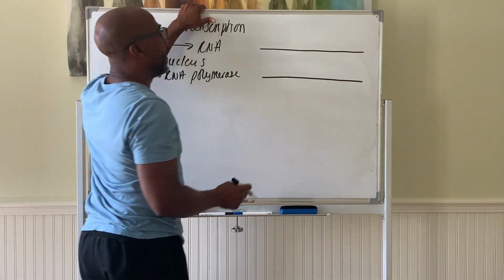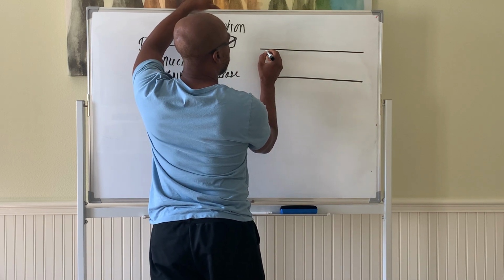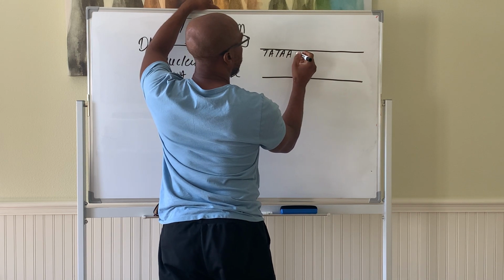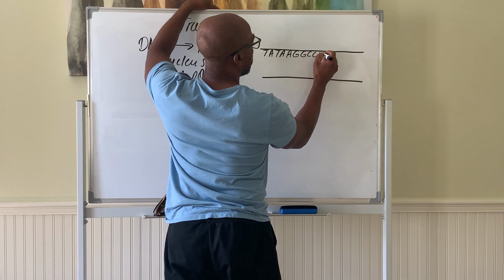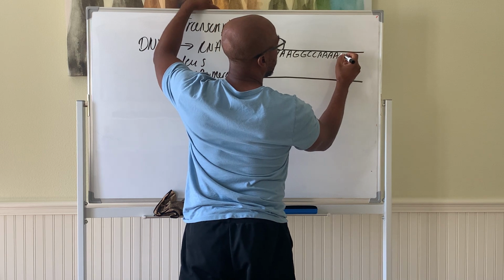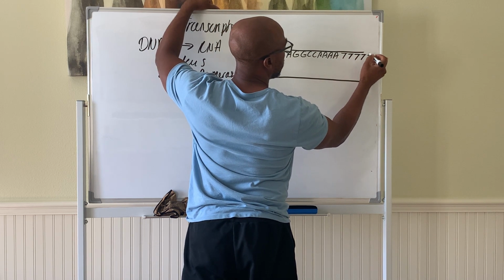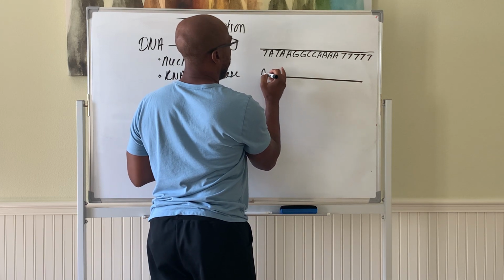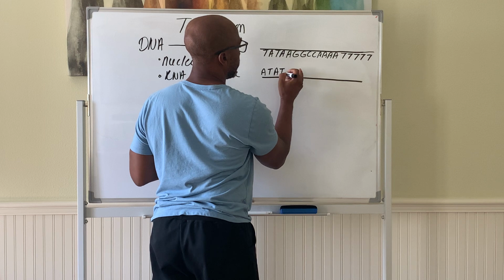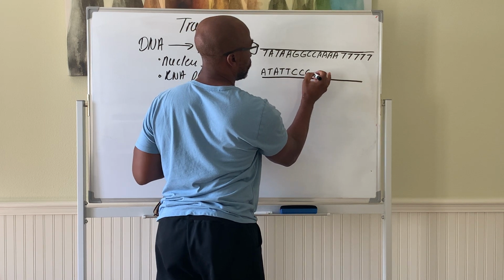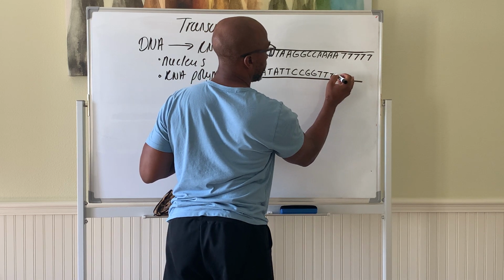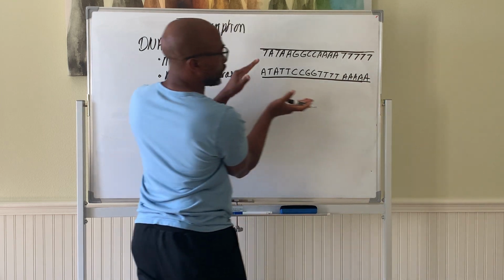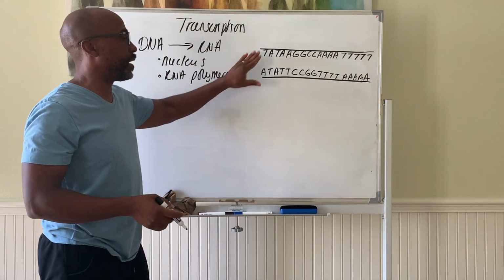If the strand up here has this sequence of nucleotides, T, A, G, C, A, T, then the complement strand will have A, T, C, G, T, and A. So it's a double-stranded DNA with complementary base pairing.